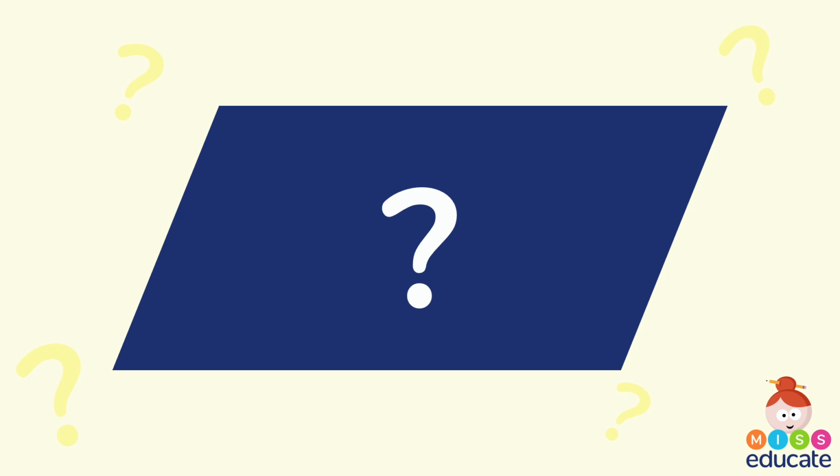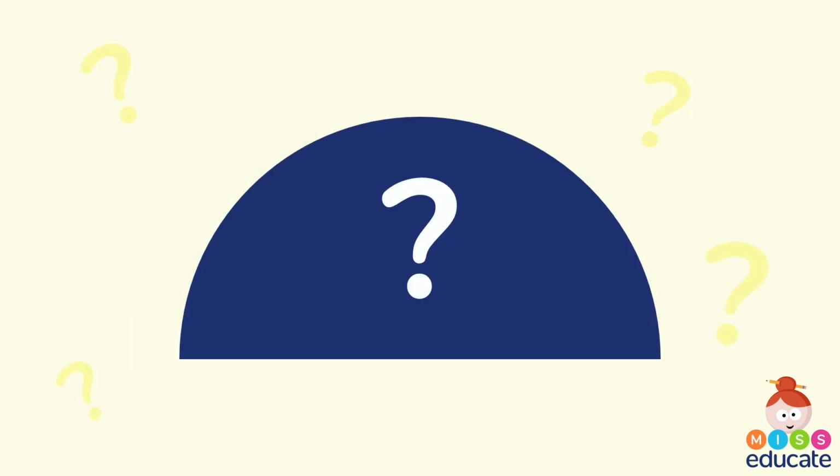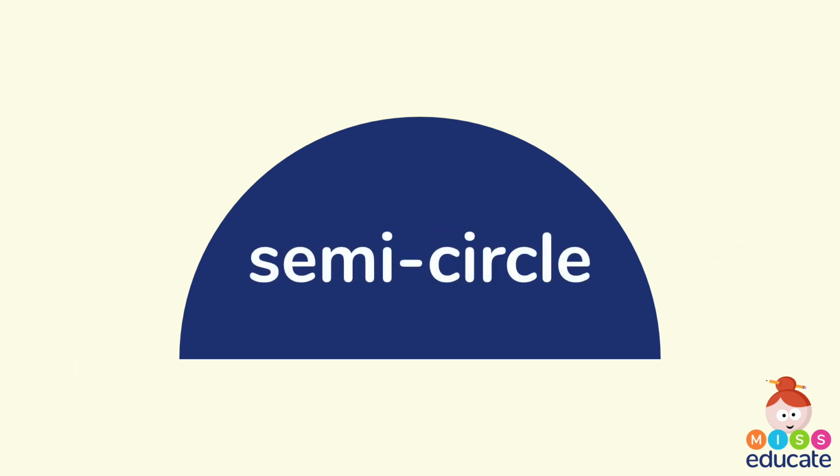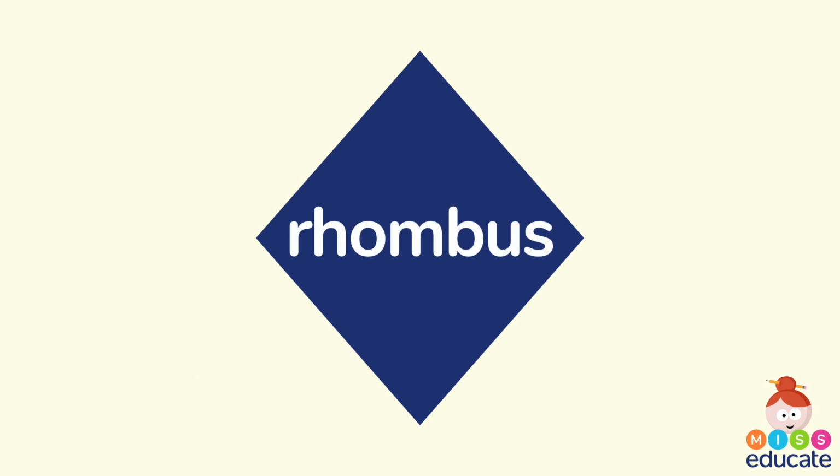Now we have a parallelogram, another big word. What's next? Next we have a semicircle. And lastly, we have a rhombus.